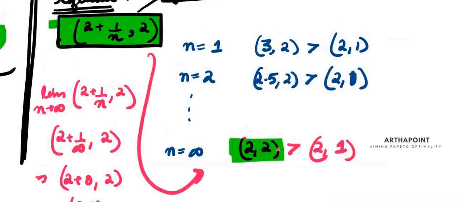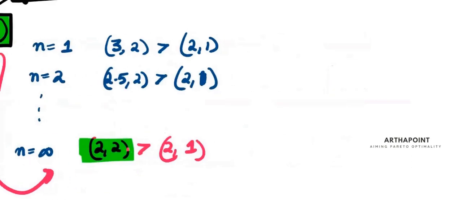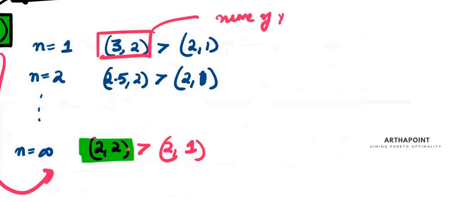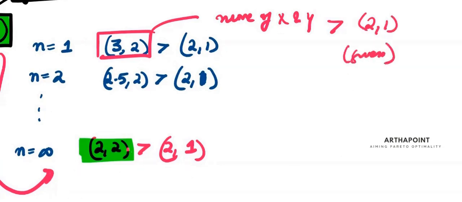Now, if you go ahead and notice, can we simply say that this is a monotonic preference? This bundle clearly had more of X and Y, so it was preferred over (2, 1), and this was given to us.